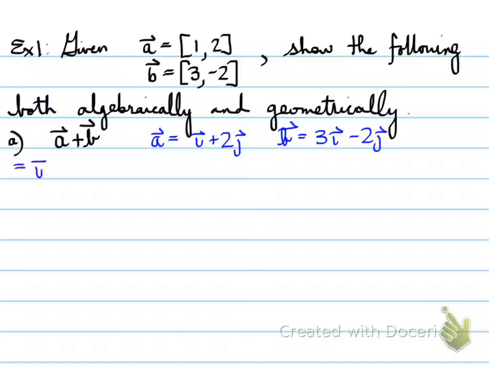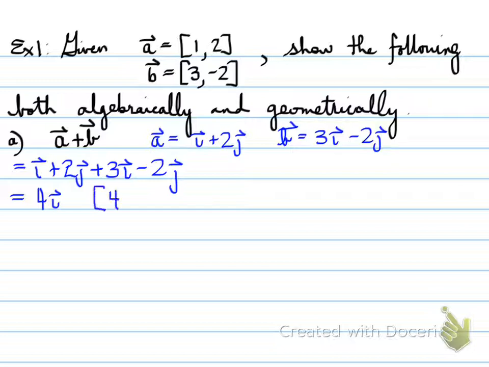We add those algebraically, and that will give us i plus 2j plus 3i minus 2j, which will result in the answer of 4i. So that is our final vector. If we write that in component form, that will be written as 4, 0. So we can draw this knowing this information.